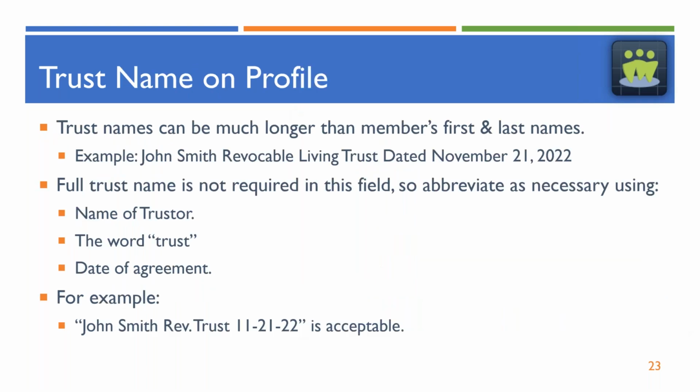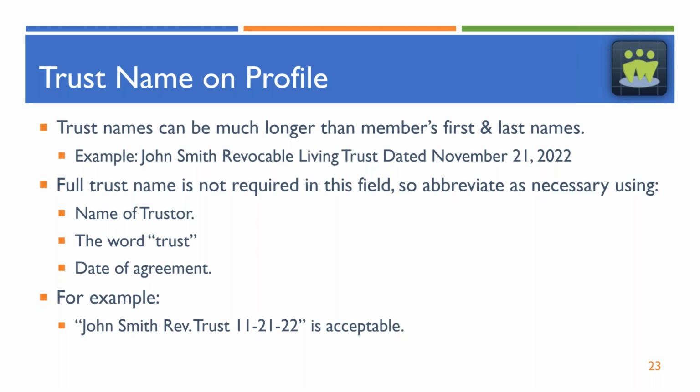Trusts tend to be much longer names than just first and last names. And we have a nice example here, John Smith Revocable Living Trust, dated November 21, 2022. You can't fit that in just a first and last name field. You can fit most of that into the trust entity name.